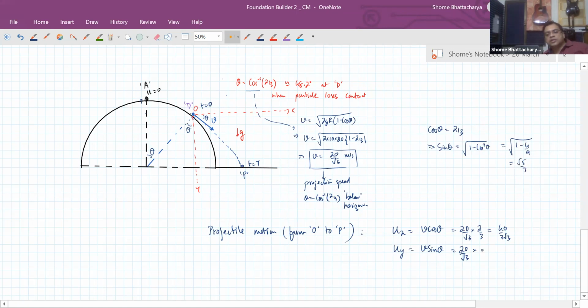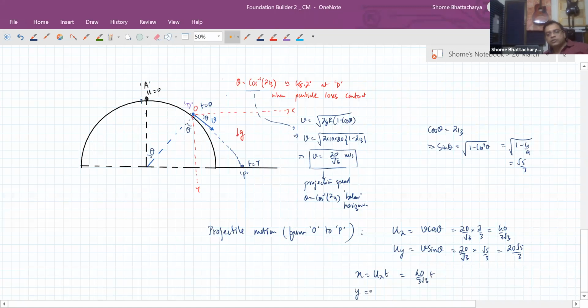So that is root 5 by 3. So the x component of displacement is ux into time, so that is this.